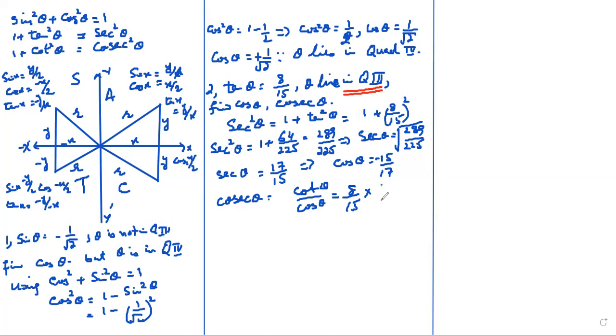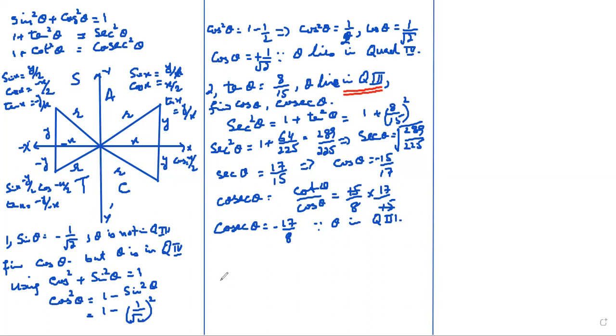Tangent is 15 over 8 rather, right? So 15 over 8 multiplied by 17 over 15. These two get cancelled. We are left with cosecant theta equals 17 over 8, but this will carry a minus sign because theta is in quadrant 3. I hope you understand it well.